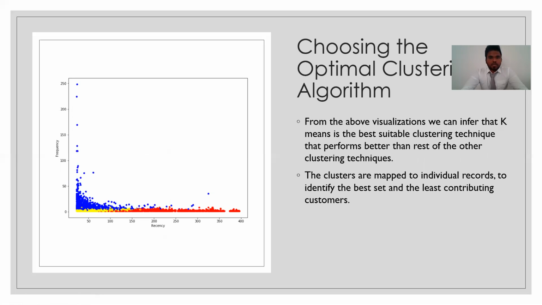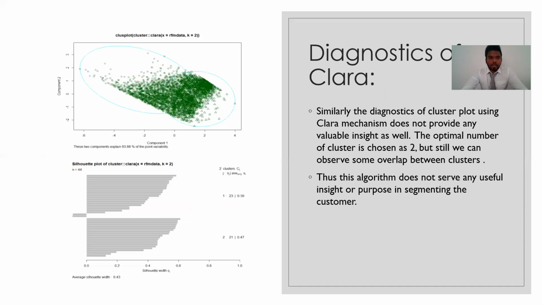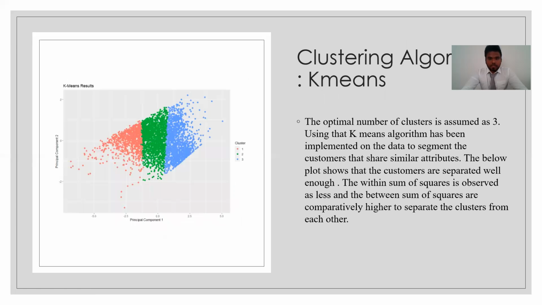So finally, I chose k-means clustering as the optimal clustering algorithm, because what I observed here is really less within sum of squares in the clusters. I'm sorry, I forgot to show you here.